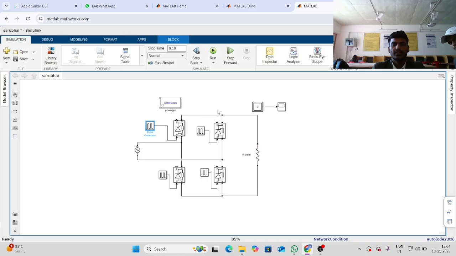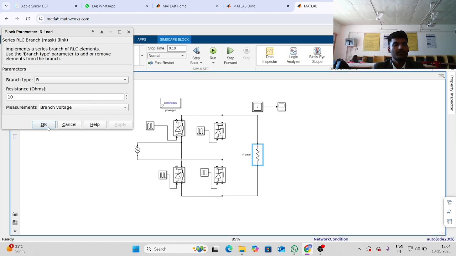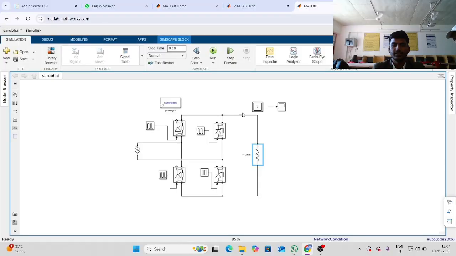Next we take the R load. This is a 10 ohm resistance, and the R load branch voltage is measured. Next we connect two thyristors with the same value, and another two thyristors with the same value.